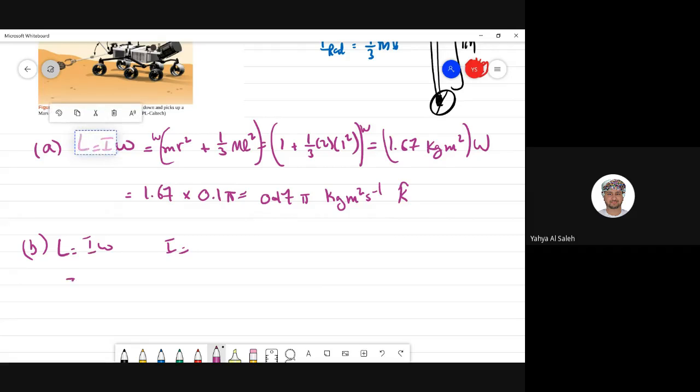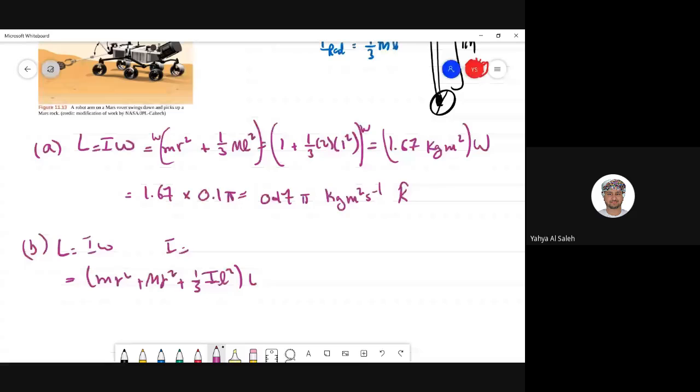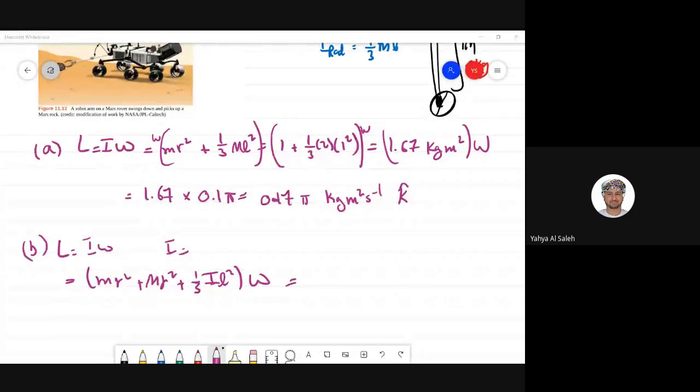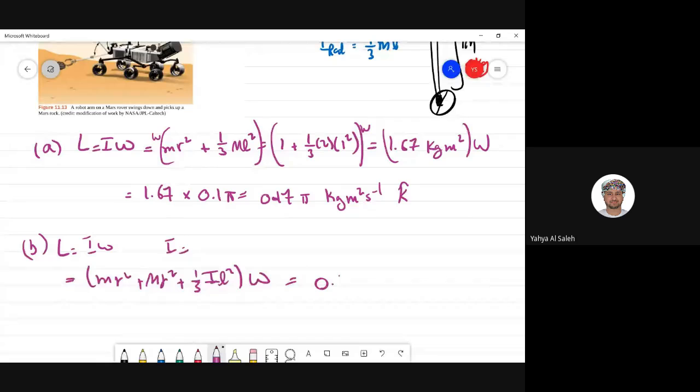So this will be equal to mr squared plus mr squared plus 1/3 ml squared, times omega, and as the book says, it will end up with 0.32 pi. Also in the k direction.